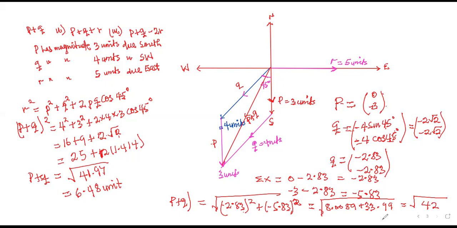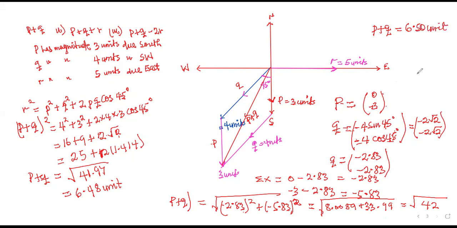So let's take the square root of 42. The square root of 42 is 6.48, approximately 6.5. So that represents P plus Q. P plus Q is equal to 6.50 units.